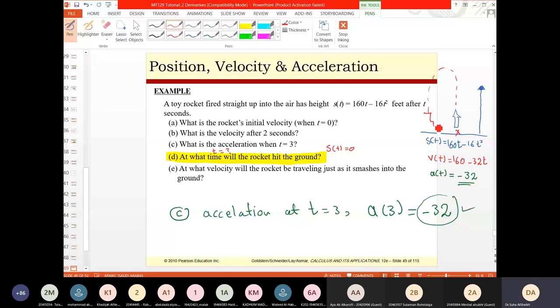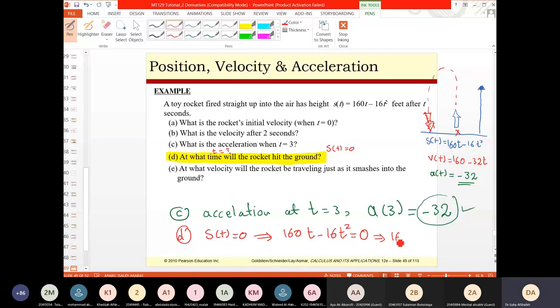Yeah. So if I'm asking about the time when it hits the ground, I'm asking about when S of t is equal to 0. This means S of t, which is 160t minus 16t squared, I want it to be 0. Solve it now. We take 16 as a common factor. We take t as a common factor.